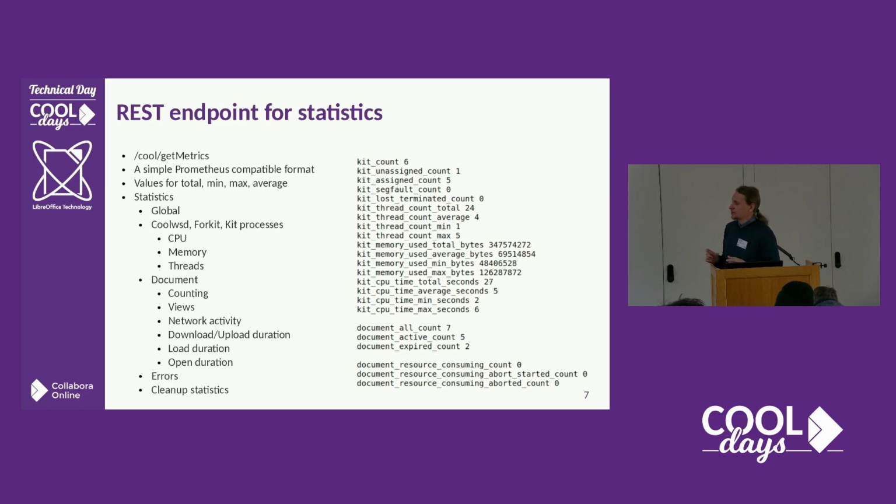The amount of data exchanged between client and server through WebSocket connections, download, upload duration, load duration, open duration, how long a document was in an open state. Some statistics about errors. Thank you, Michael, for providing those statistics. And also cleanup statistics.